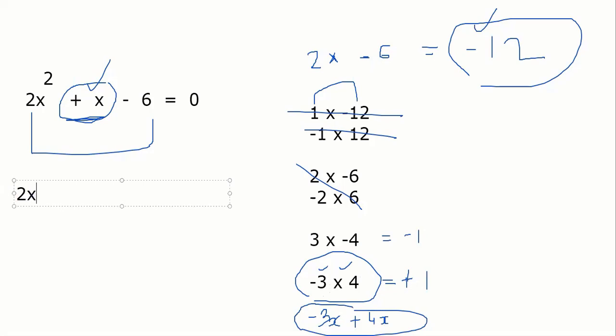So now, what we got? 2x square minus 3x plus 4x minus 6 equal to 0. Now the problem here is, here 2 and 3, there is no common. So I can swap this factor. I can write plus 4x and I can write minus 3x.